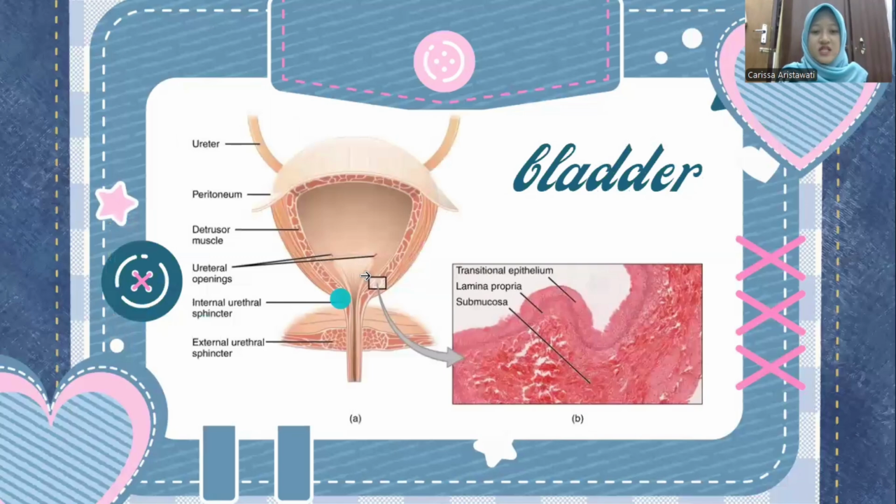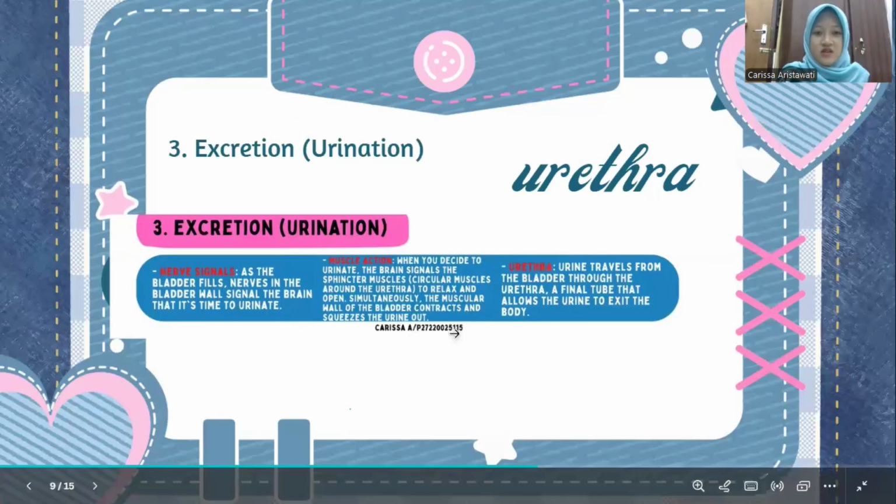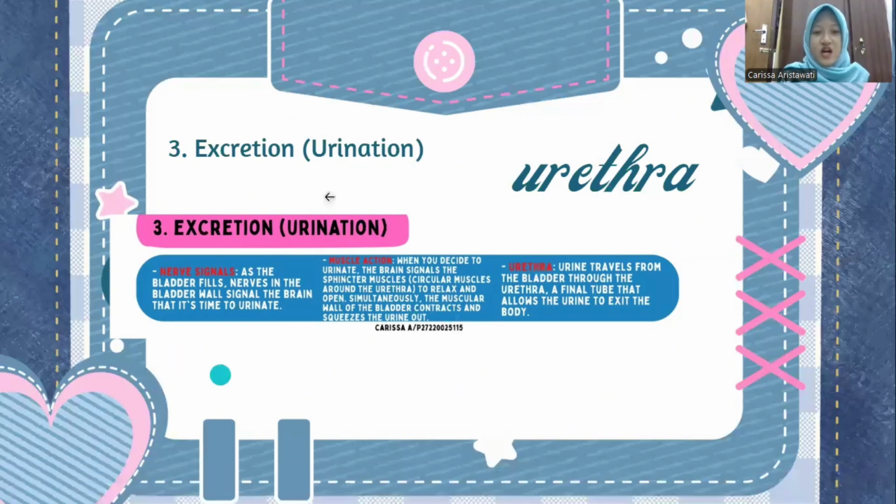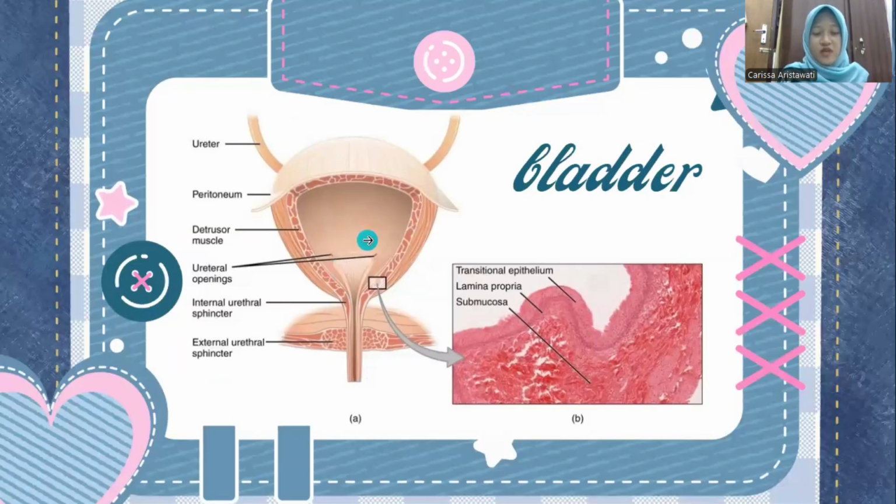This tiny urethra. So when this bladder is filled with urine from the kidney, the nervous system around the bladder will give a signal to the brain, and the muscle in the bladder and the muscle in the urethra will respond to the brain.